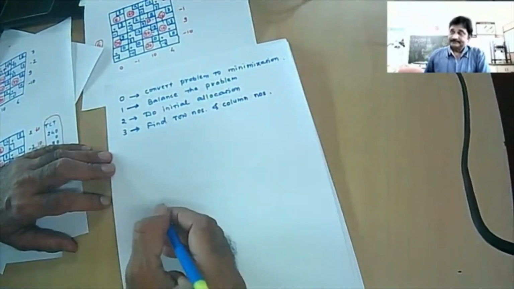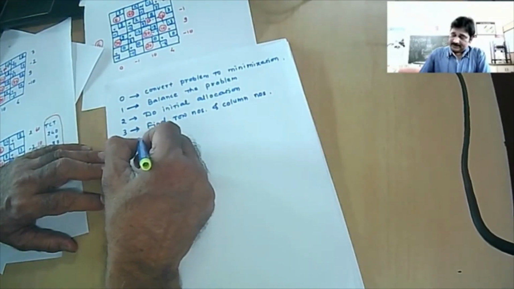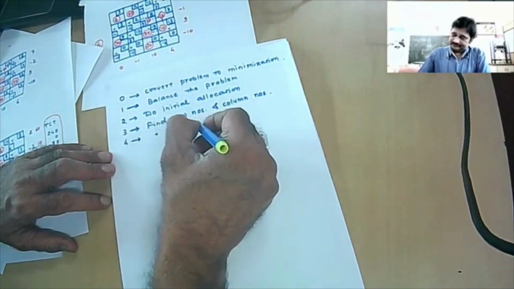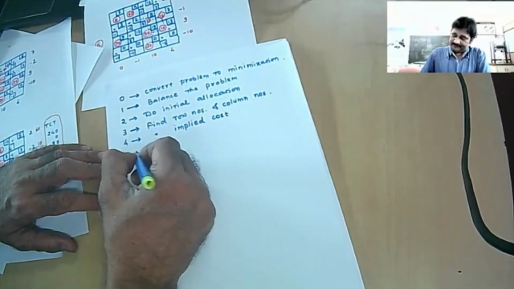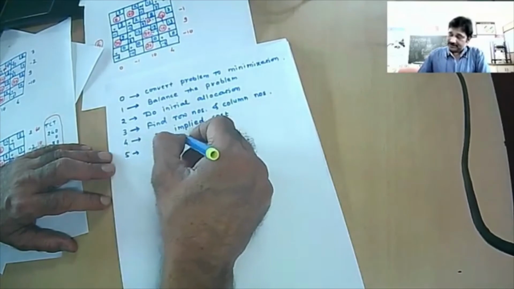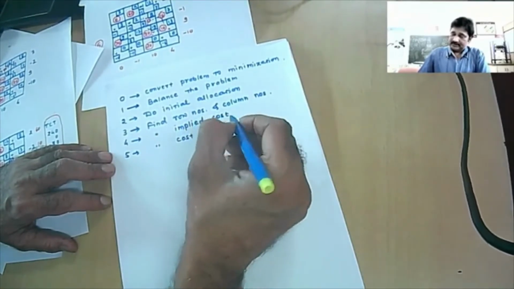All right. Then the fourth step is to find implied cost. And the fifth step is to find cost change.